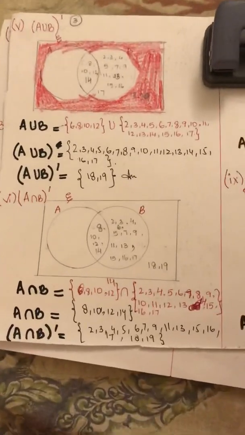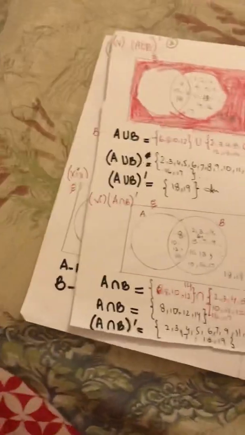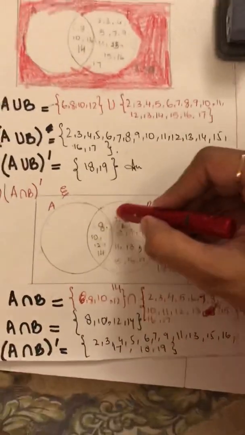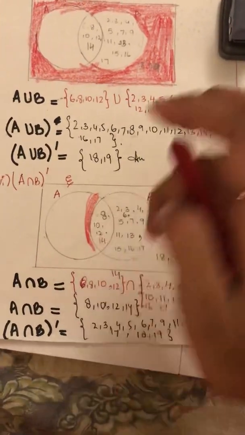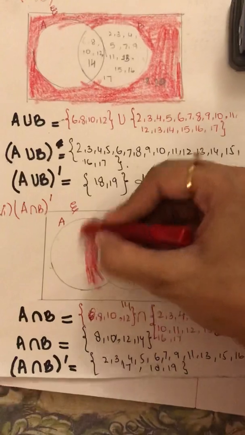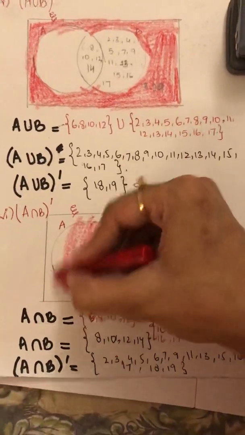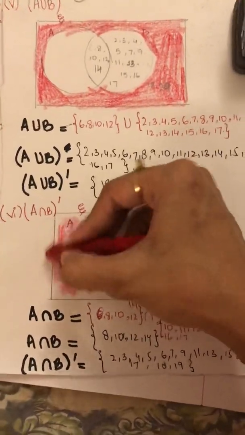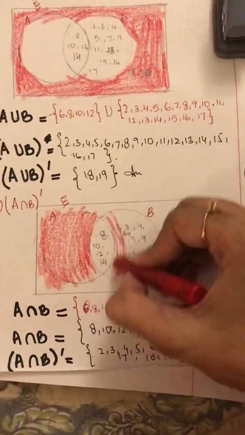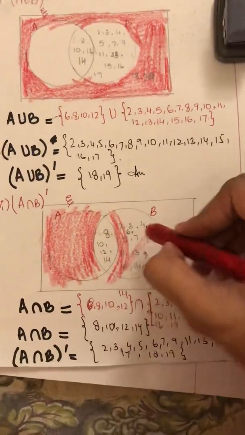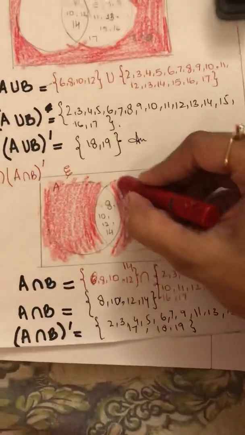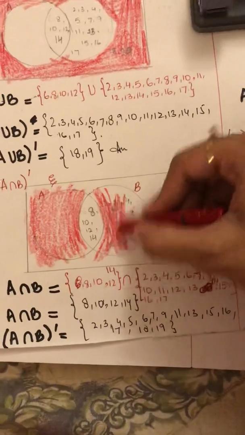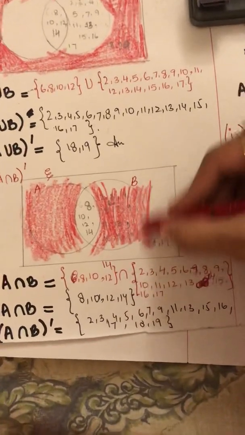And how are we going to shade that? We're going to shade everything except this A intersection B. Since there is no element inside this part, the crescent moon of A, obviously we're not shading it.